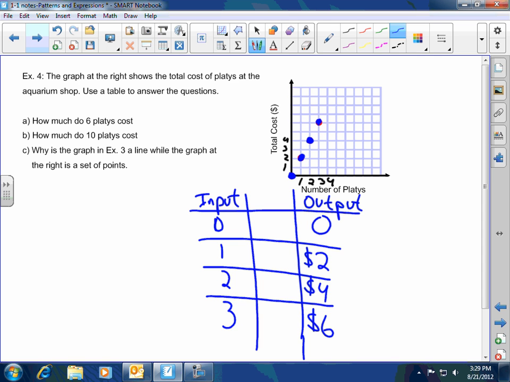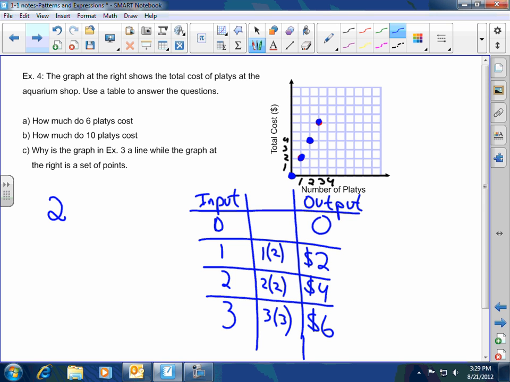Well, I'm multiplying by 2 every time. It's $2 per plat. So 1 times 2, 2 times 2, 3 times 2. It works for every single input and output. So our general rule here is going to be the number of plats times 2.